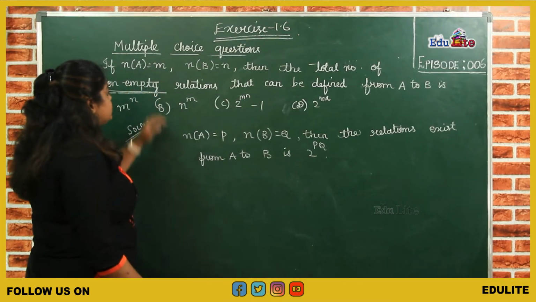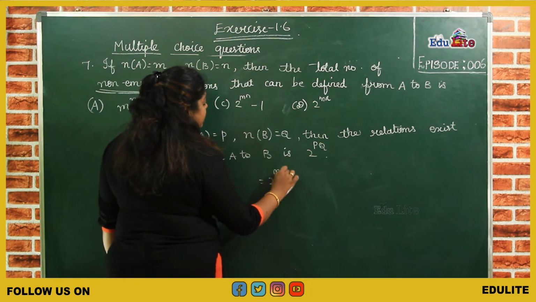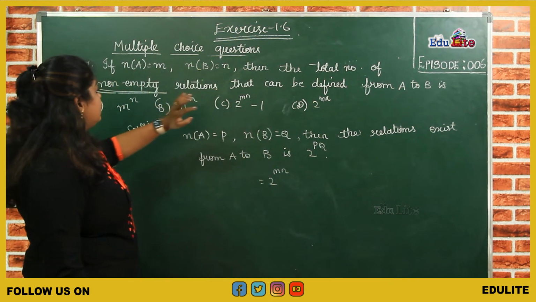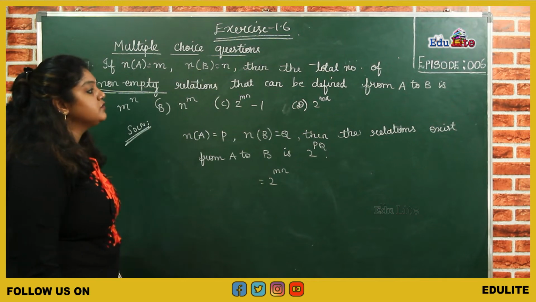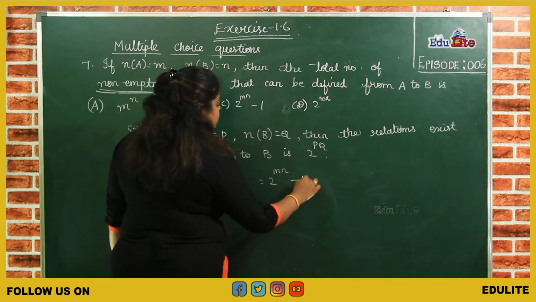See, in this problem instead of p and q we have m and n. So it can be written as 2 power mn. Next, we are asked only to find the non-empty relations. If it is non-empty relations, which will be 2 power mn minus 1.